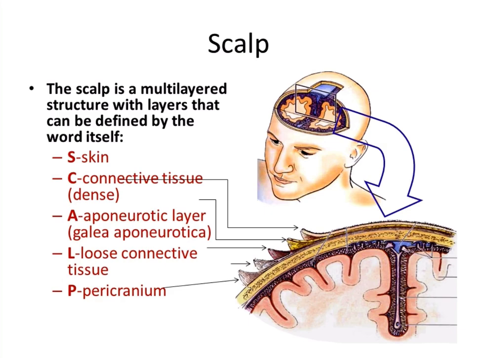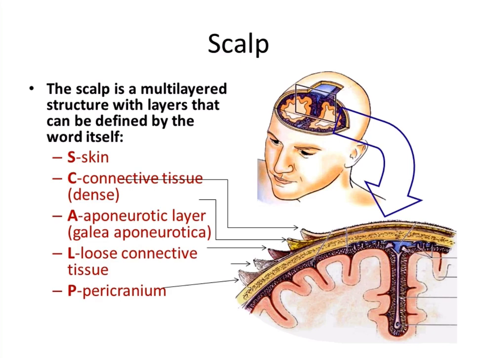So the layers can be summarized as SCALP, scalp. The first layer is the skin and subcutaneous tissue. This is the superficial or outer layer. The second layer is the C, connective tissue, dense connective tissue. And the third layer is the aponeurotic or fibrous layer, also called the galea aponeurotica.